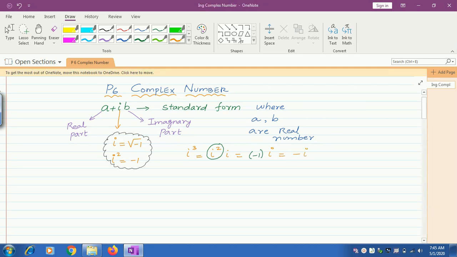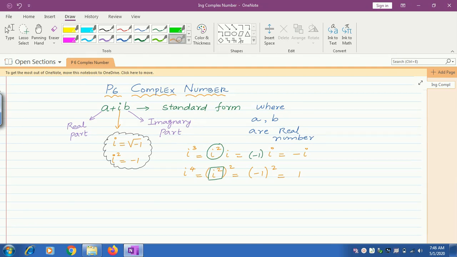Similarly, I can calculate i power 4. What is i power 4? It is i square whole square, which is minus 1 whole square, which is equal to 1. So you can calculate any exponent of i.